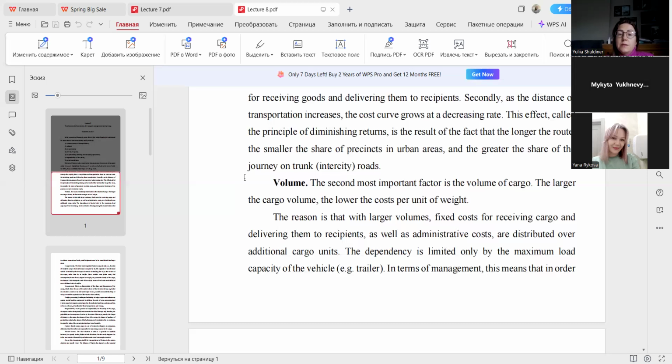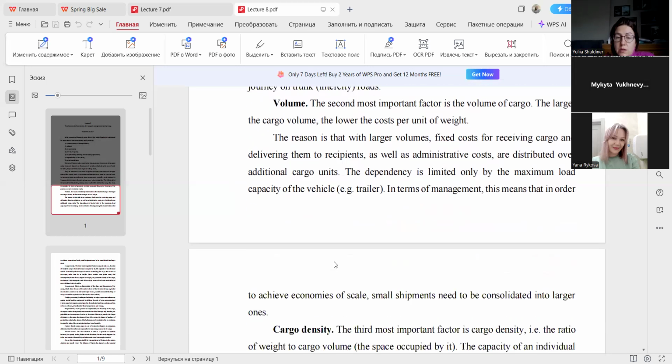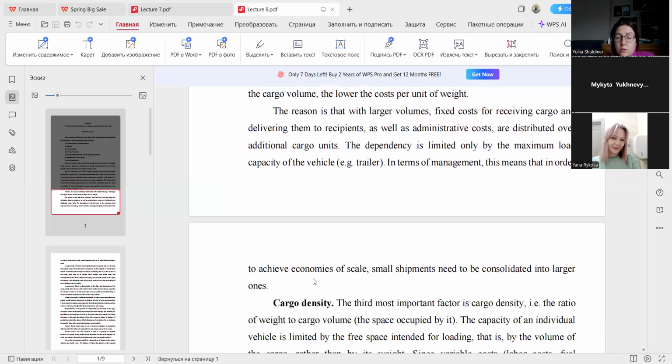The dependency is limited only by the maximum load capacity of the vehicle trailer. In terms of management, this means that in order to achieve economies of scale, small shipments need to be consolidated into larger ones.